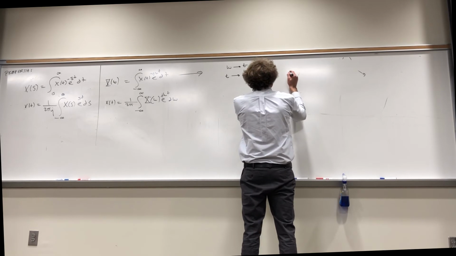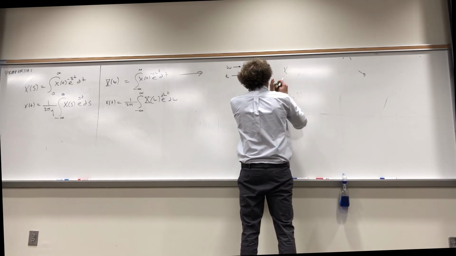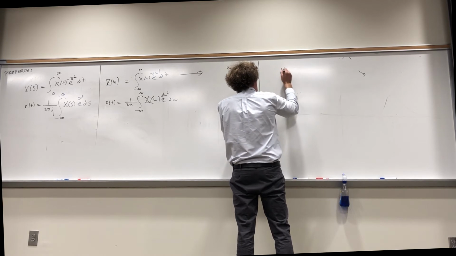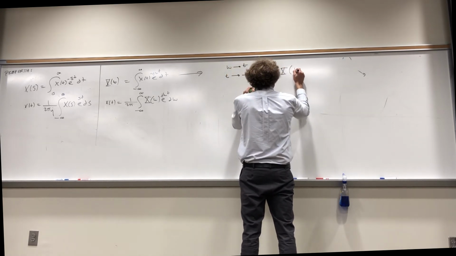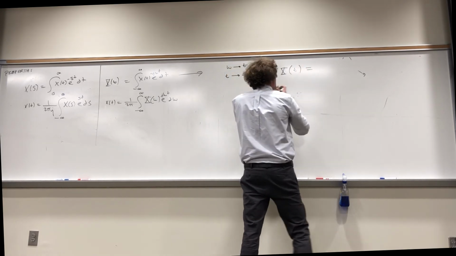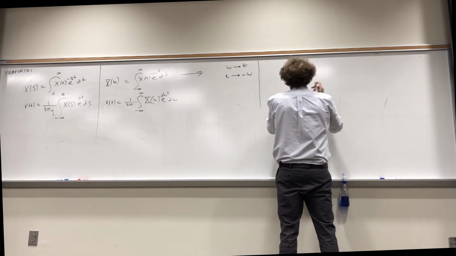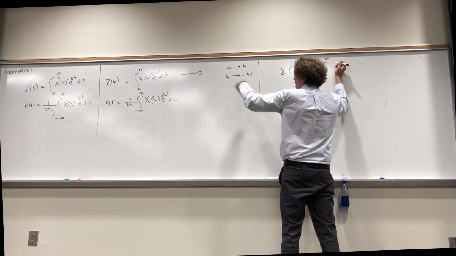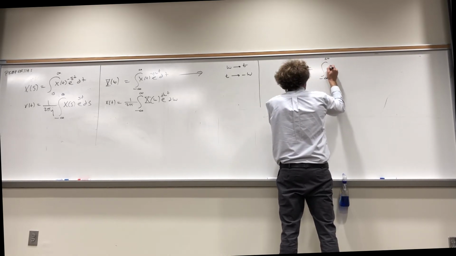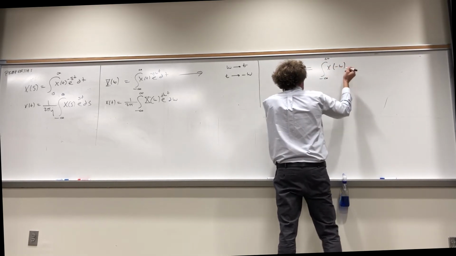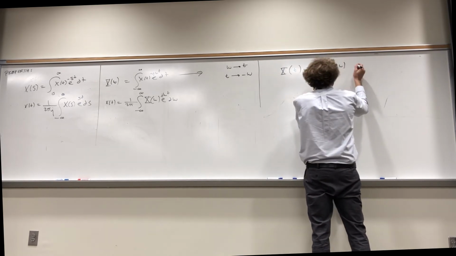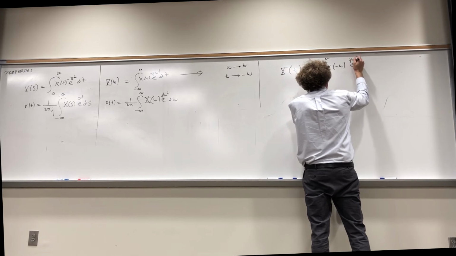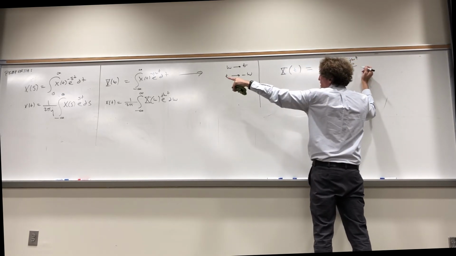I get capital X, by the way, that's going to be the transform, capital X of t is equal to the integral from minus infinity to infinity of x of t, which is x of minus omega, and then it's still going to be e to the, now not minus j omega t, but plus j omega t, and not dt, d omega.